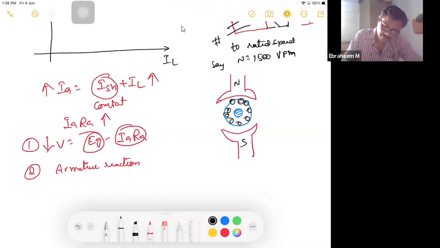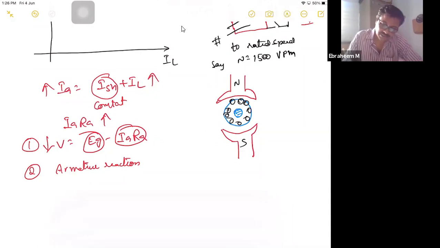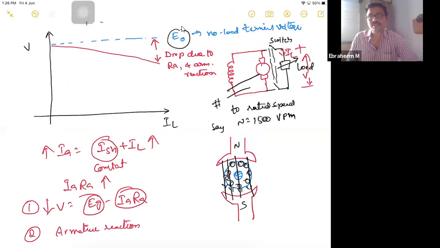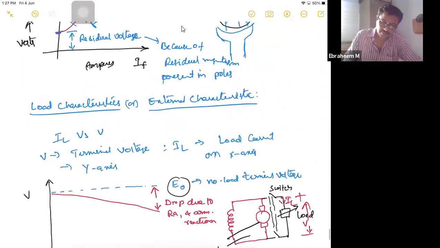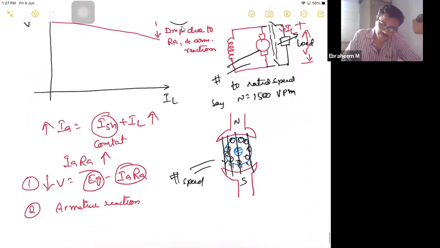These field poles produce flux, established between the North Pole and South Pole, like this. Once you close the switch, after rotating the machine up to rated speed, current starts flowing in the armature conductors.